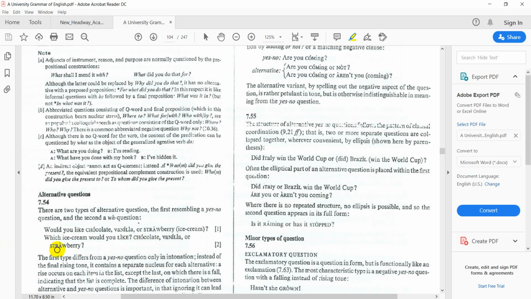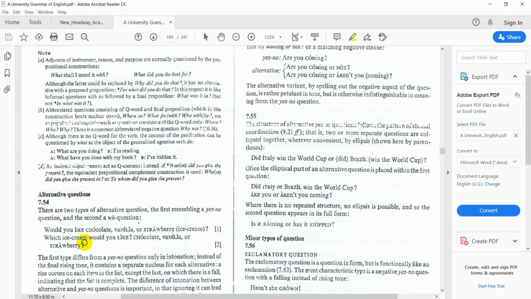I'm trying to give choices, but after putting the question mark. So it is as if I'm having two questions. Which ice cream would you like? Question mark. Chocolate, vanilla, or strawberry? This is another question.